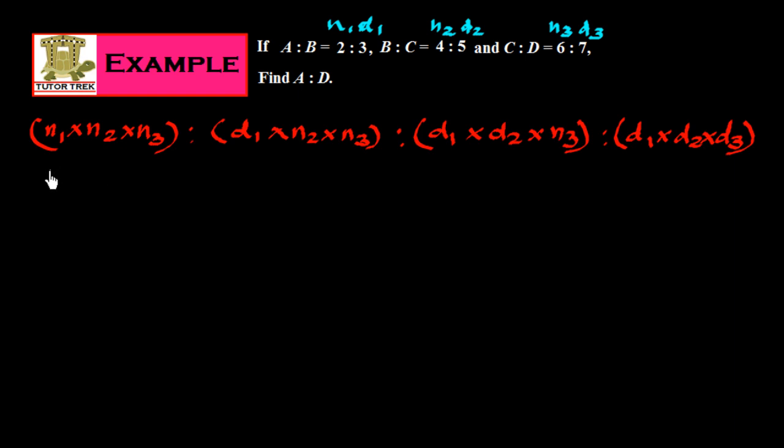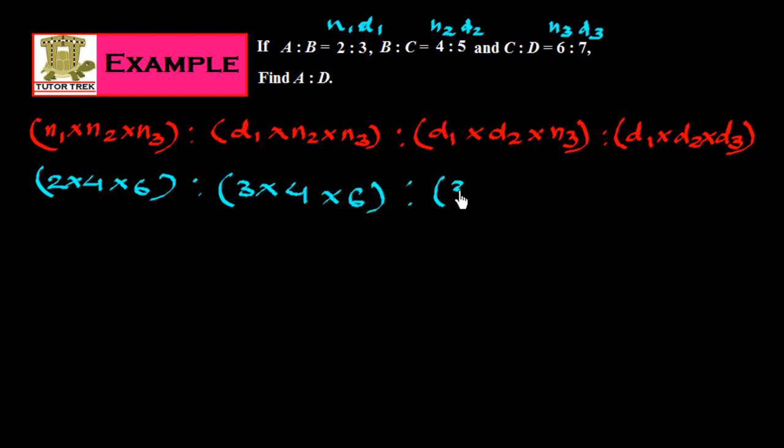Now instead of n1, n2, n3 we put 2, 4 and 6. Here d1, 3, 4, 6. Then d1 is 3, d2 is 5 and n3 is 6 again, and here d1, d2, d3 are 3, 5, 7. Now multiply these. 6 4s are 24, 2 times 24 is 48.